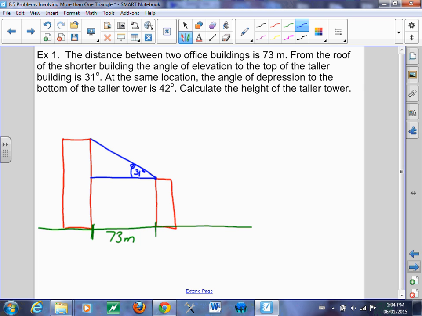At the same location, the angle of depression, going down to the bottom of the taller tower, is 42 degrees. That's the angle going down. It says calculate the height of the taller tower.